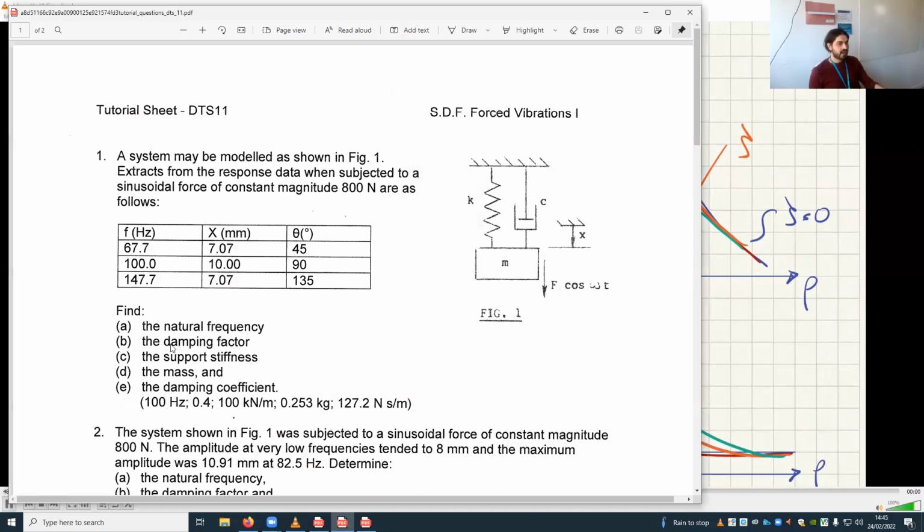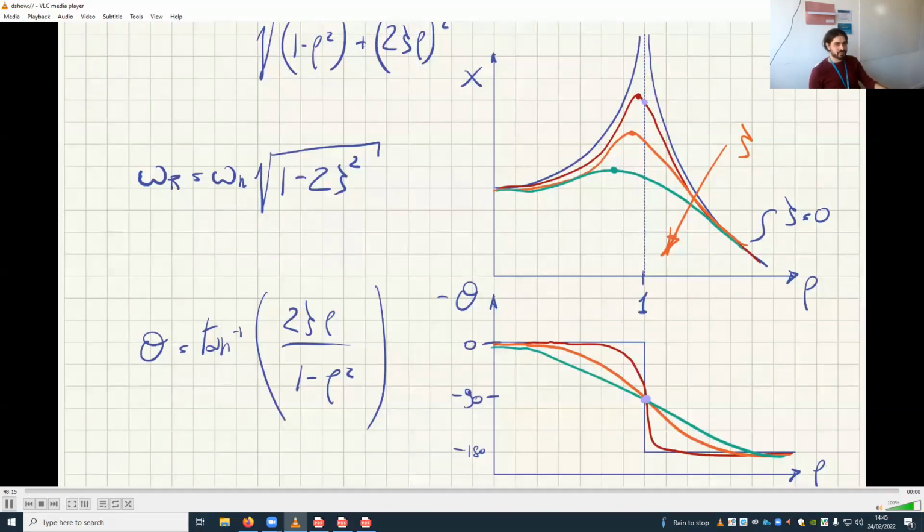Nice. How do we estimate the damping factor? Something that you might not have seen is that if I increase the damping factor, the sharpness of this peak decreases. The smaller is zeta, the sharper is the peak.